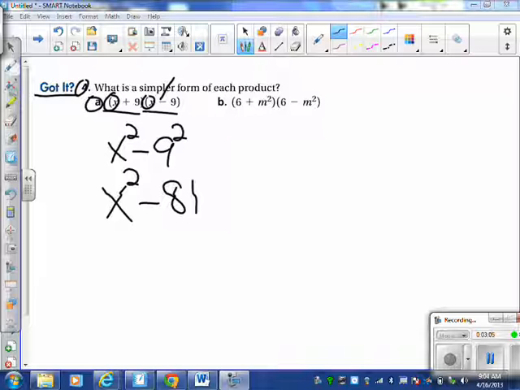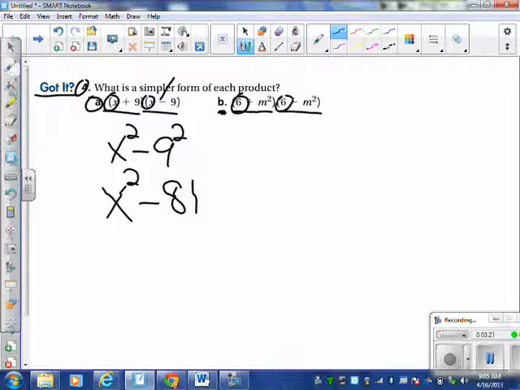Let's take a look at B. We're given 6 plus n squared, and then 6 minus n squared. What do we do with this problem? Same as before. We take the 6's, we square those, bring down the minus sign, get n to the 2nd power.